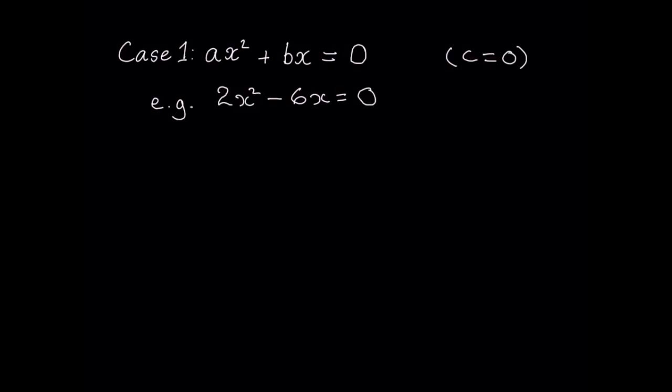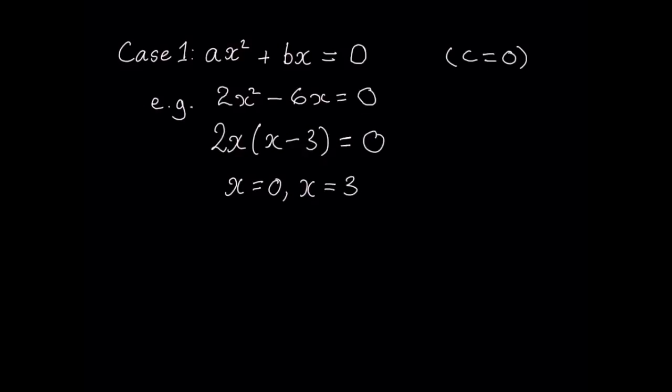So we'll take the common factor out and we'll rewrite this as 2x into x minus 3 is equal to 0. Just by looking at it, we can see that either x must equal 0 or x minus 3 is going to equal 0, in which case x would equal 3. So our two solutions are x equals 0 and x equals 3.